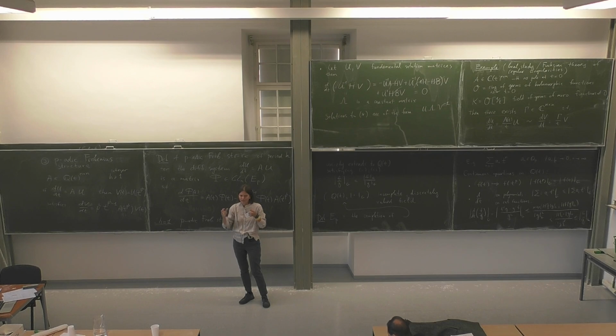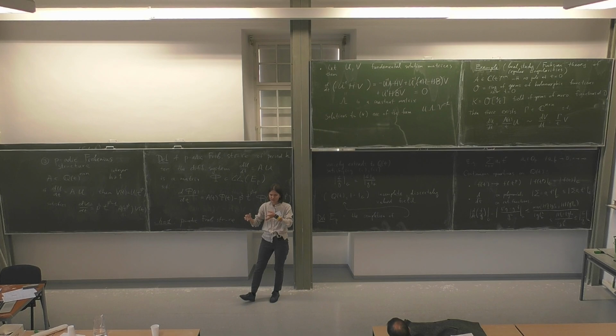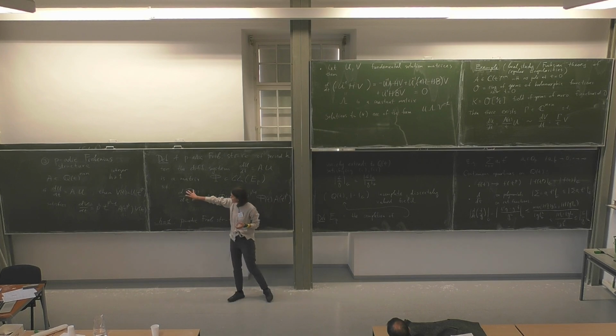When we pick a fundamental matrix of solutions of a system, then this solution to the Frobenius equation will come with n squared constants. They only depend on n squared constants. So there is a particular choice.